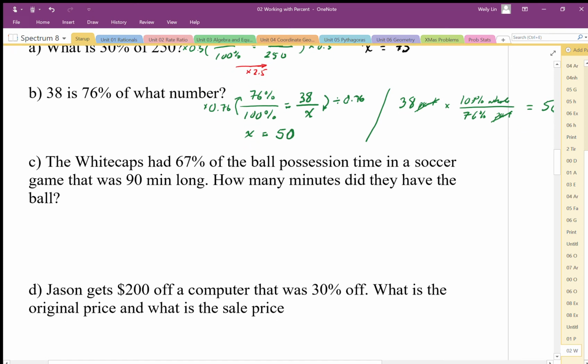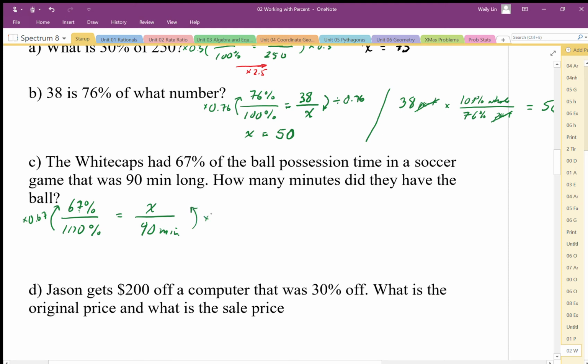All right, so the Whitecaps had 67% of the ball possession in a soccer game that was 90 minutes long. So we have 67% out of 100%. The total is going to be 90 minutes, and we're going to look for the part. Our multiplier here is going to be times by 0.67, and we're going in the same direction.